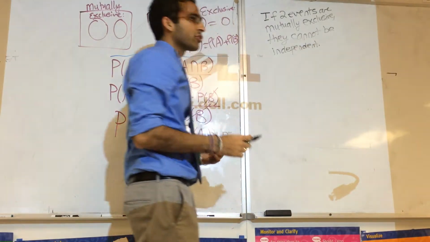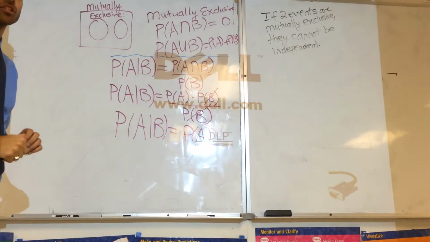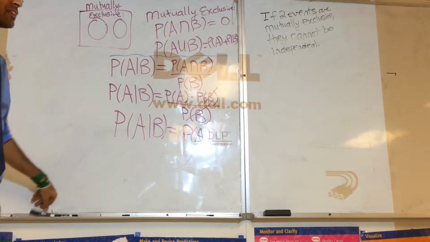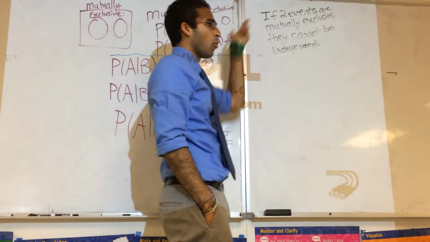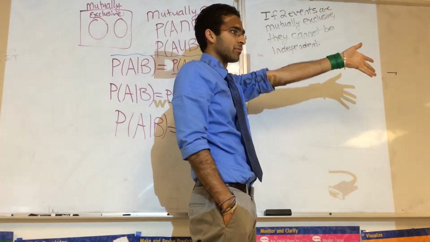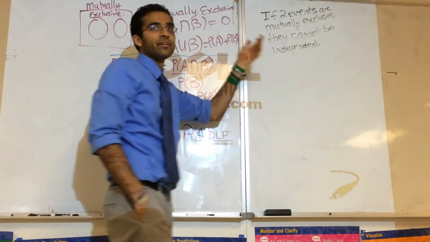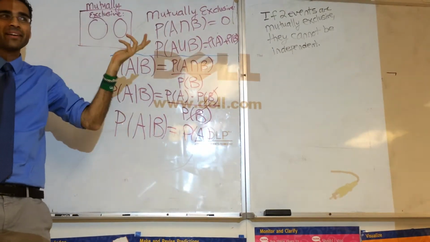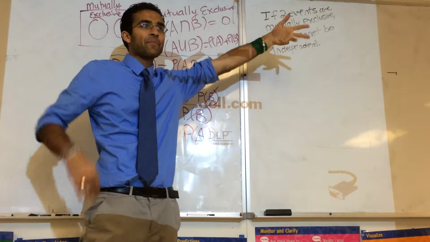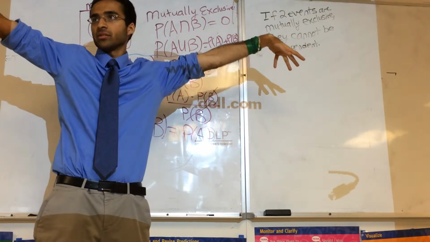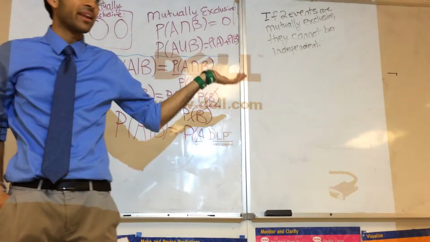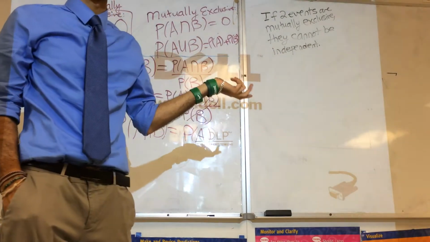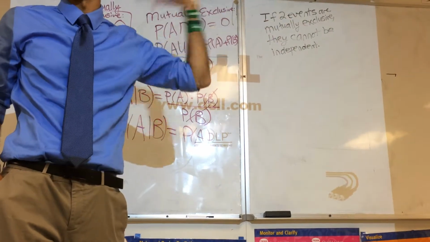We said if two events are mutually exclusive, it's not possible for them to be independent. Because if they're mutually exclusive, that means if one happens, the other one won't happen. That can't be independent, because independent says one event happening has no effect on the other event. But with mutually exclusive, if one event happens, the other event can't happen. By definition, they depend on each other.